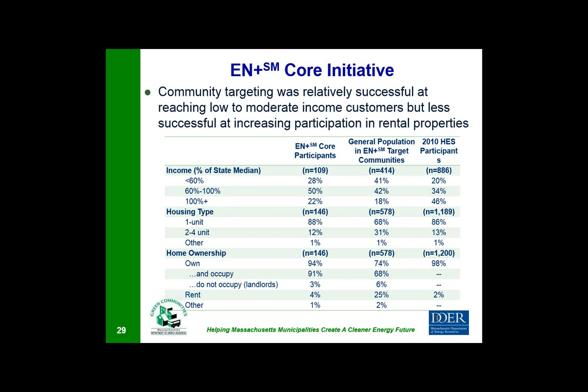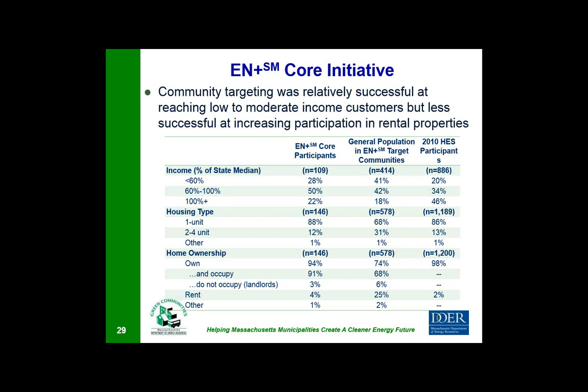So to determine if those were the folks who comprised the lift in participation and lift in savings, we conducted some additional surveys where we determined the characteristics of the participants in the EN Plus program, compared that to the general population of those target communities, and then also compared that to a survey that we had done in 2010 with participants in the standard HES program.